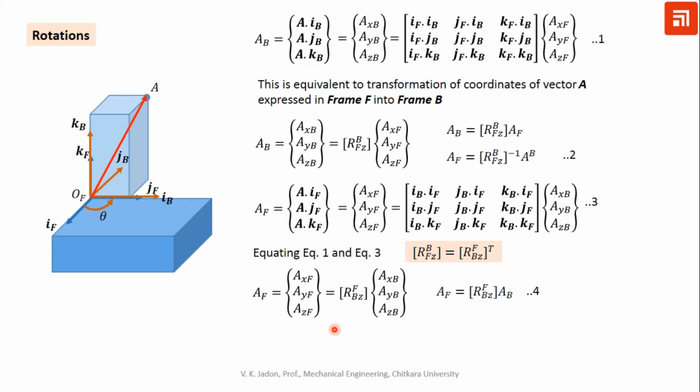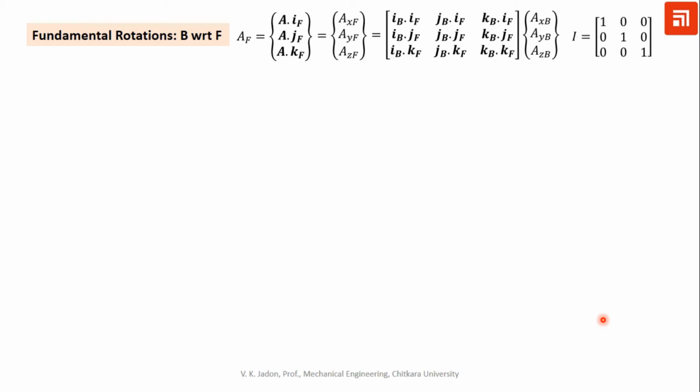That is another definition of the matrix orthogonality. And equations 4 and 3 give us that this is equal to inverse as well. So for a rotation matrix, the transpose of the rotation matrix is equal to the inverse of the rotation matrix. We will be using this property for further analysis of robotic manipulators.